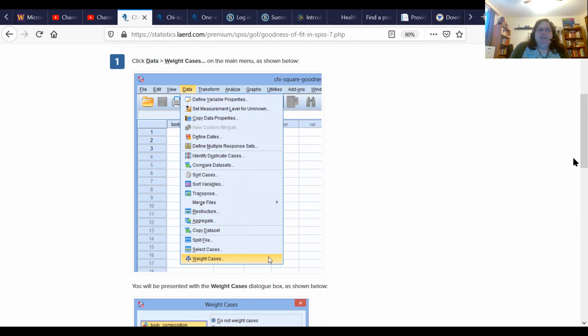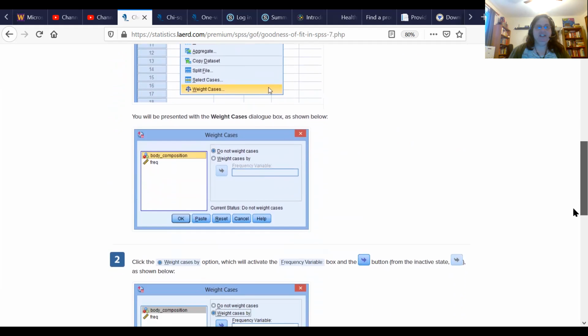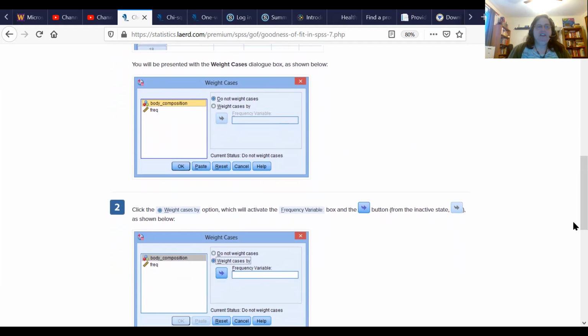You go under Data, go all the way towards, I was going to say the bottom, and then I'm realizing we have slightly different people using slightly different versions of SPSS, so it's definitely toward the bottom, if not exactly at the bottom. You're going down to Weight Cases. And then you're going to weight cases by frequency.